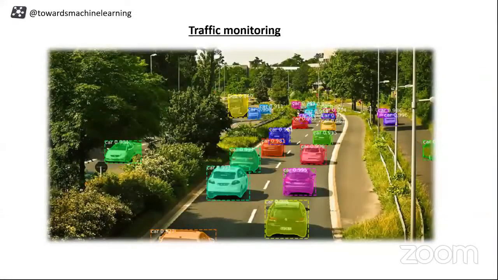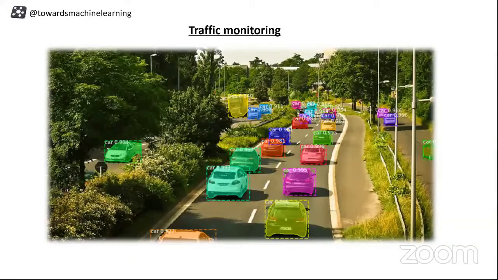Next thing we can see is traffic monitoring. You might have heard of smart traffic monitoring, smart traffic management. They use those CCTV cameras used in the traffic lights you have seen, right? They can detect which area is having more traffic. Someone has unmuted.